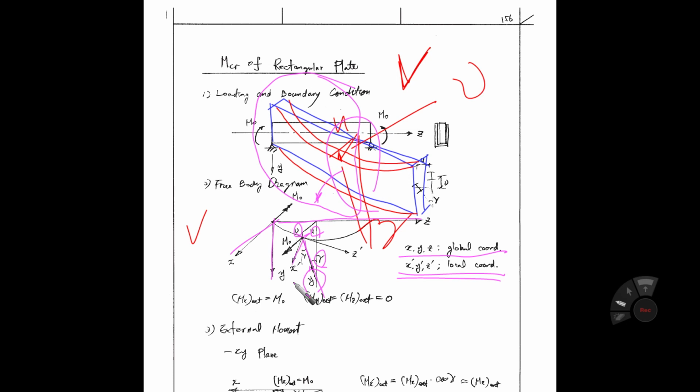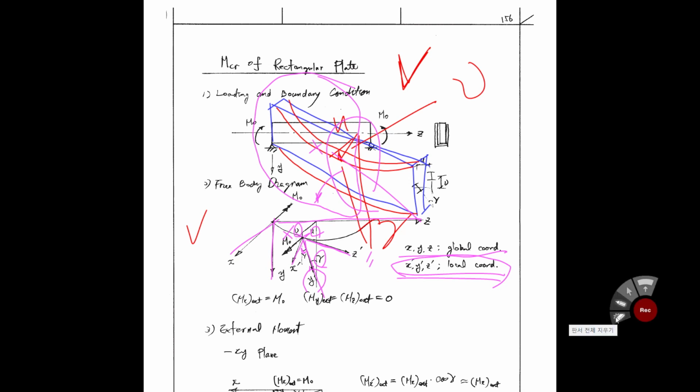That angle must be 90 degrees. And then you have the Z axis in that local direction, Z prime. At this point, that is the local coordinate, X prime, Y prime, Z prime. If you consider another point, that local coordinate also changes a little bit, right? Yeah, that is the local coordinate.